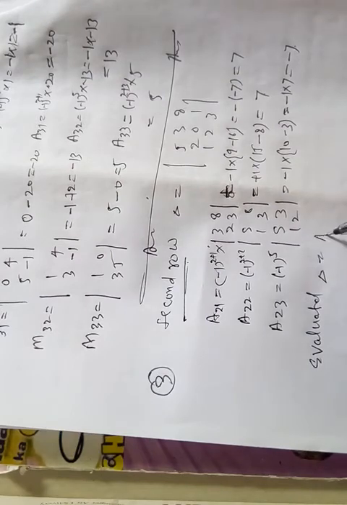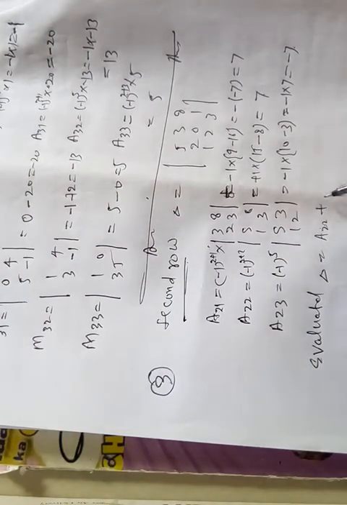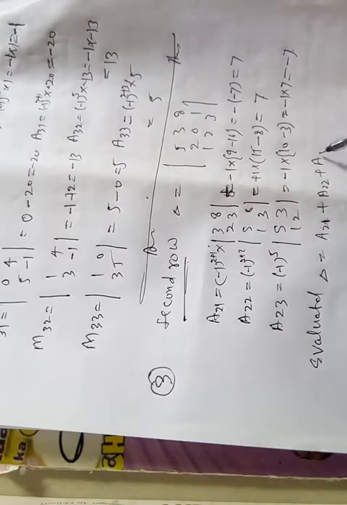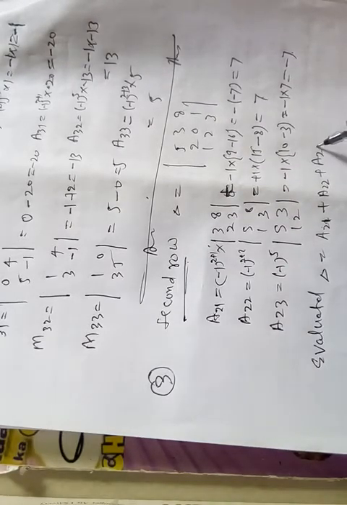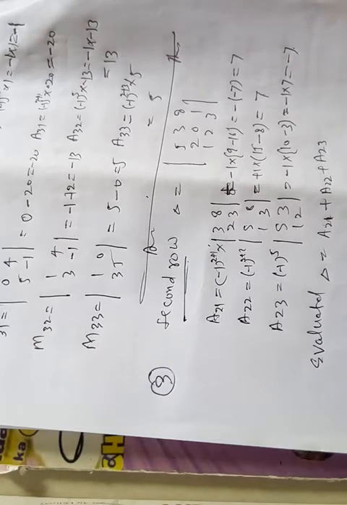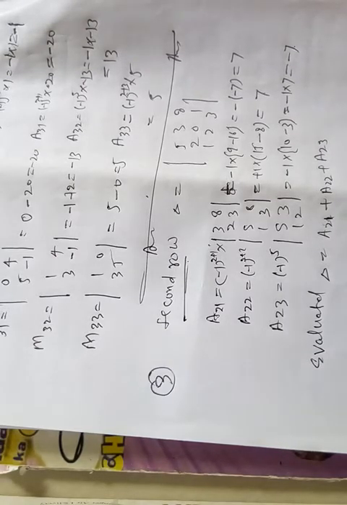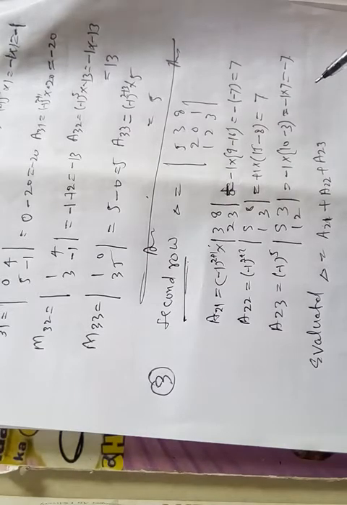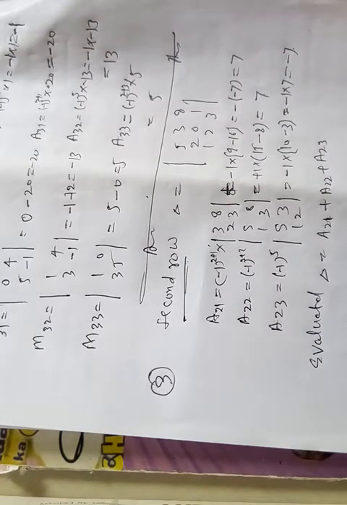This equal to a21 A21 plus a22 A22 plus a23 A23, right? A21, A22 and A23. This is value of the minus 7.